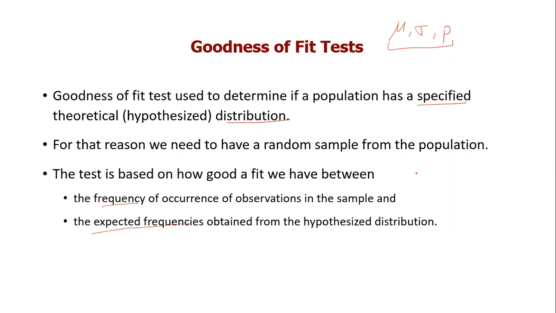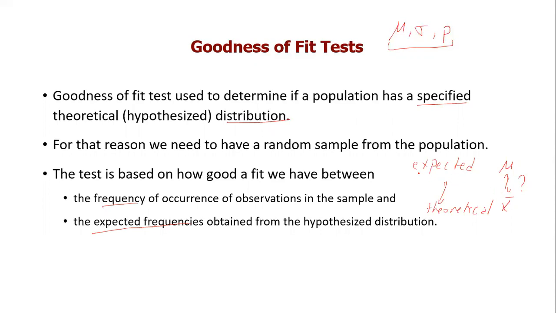So again, we just look at the expected frequencies and the theoretical frequencies. This is just like when we are making a hypothesis, we check whether mu and x bar are close enough to each other or not. If they are close enough, we say that, okay, I cannot reject the hypothesis.